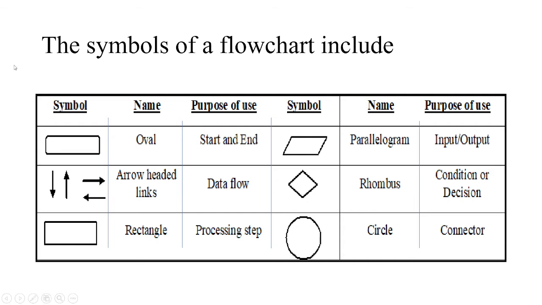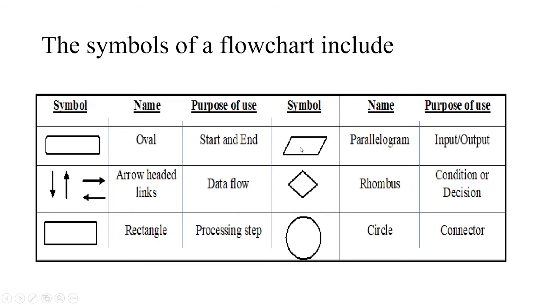The first symbol is an oval or a rounded rectangle, which is used for the purpose of start and end or stop representations. Later, we use different arrow-headed links: up arrow, down arrow, moving to the right, moving to the left. Arrow-headed links are used to explain the data flow. The rectangle symbol is used to represent the processing step or calculation step.